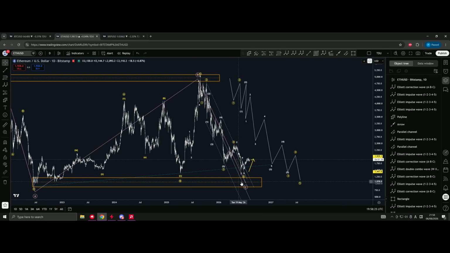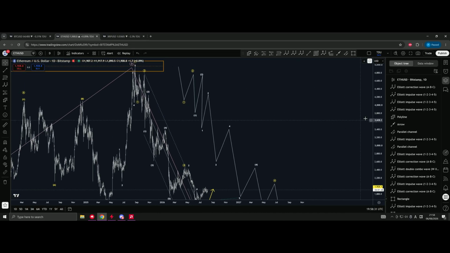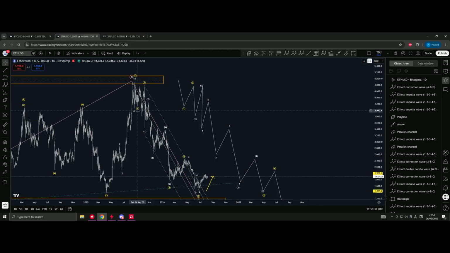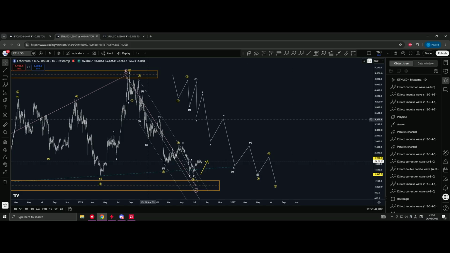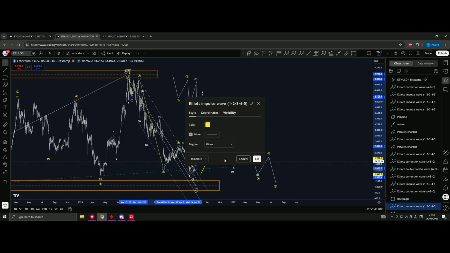And if this impulse is done and we're over and we go for the next thing, or there is an alternative count. So for example, I have this as a 1, A, B, C, flat, wave 2, another 1, 2, 3, 4, 5, into a 4, into a 5, and we have a completed impulse here.